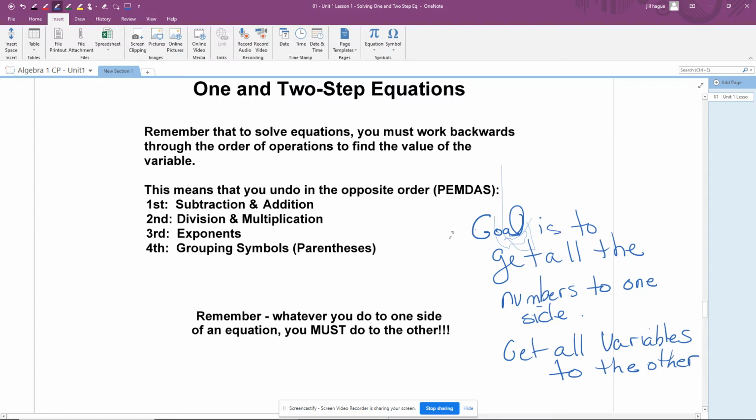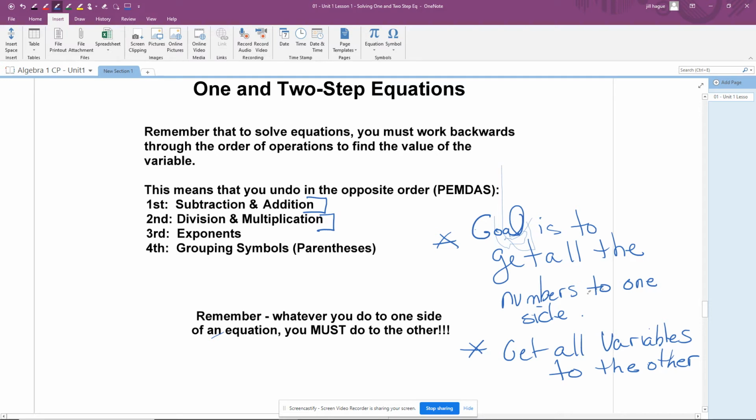This step here of these two things will always involve the subtraction and addition. Once you have the variables to one side, then you're going to use division and multiplication. And then once you get the variable by itself, then you might have to do something with some exponents or some parentheses.